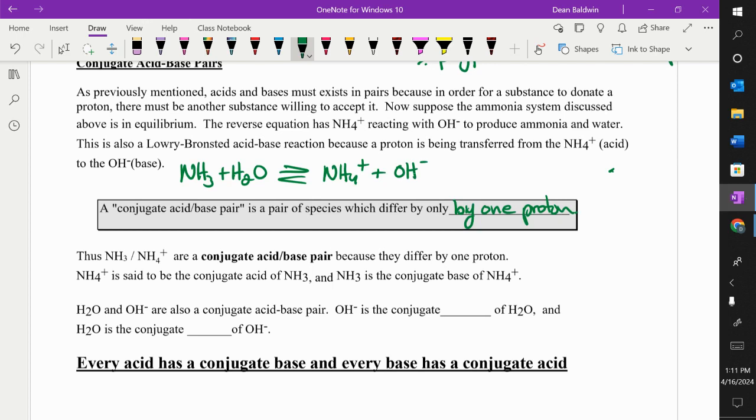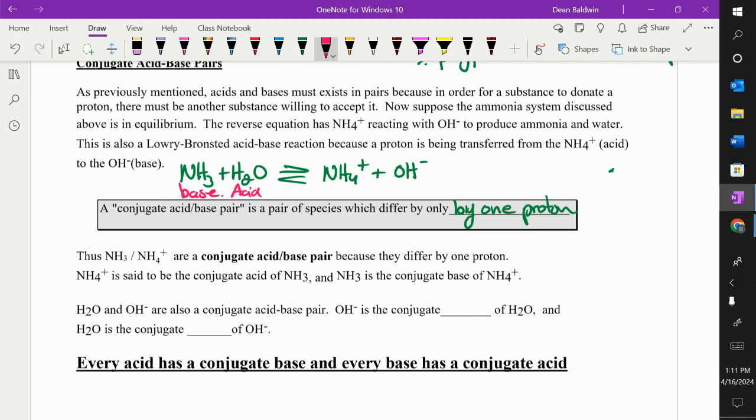We get OH minus. So if we look at the reactants, NH3 plus water, what's acting as the acid? H2O. So it's the acid because it's donated the proton. Therefore, ammonia is the base.